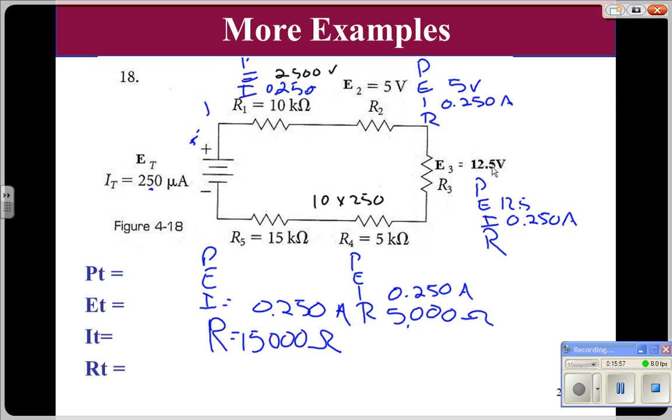Okay, so let's go back to our second one. We have 5 volts times 0.250. Just do that with a calculator. What do we get? Very small voltage, right? 5 times 0.250. Oh, we're not multiplying. That would give us a very small amount of power.